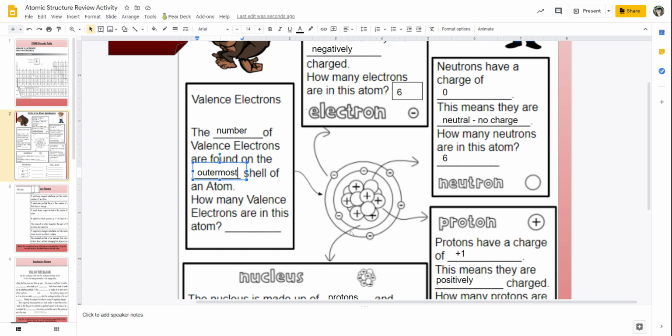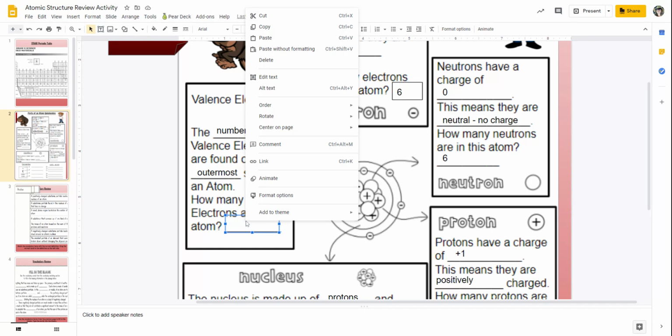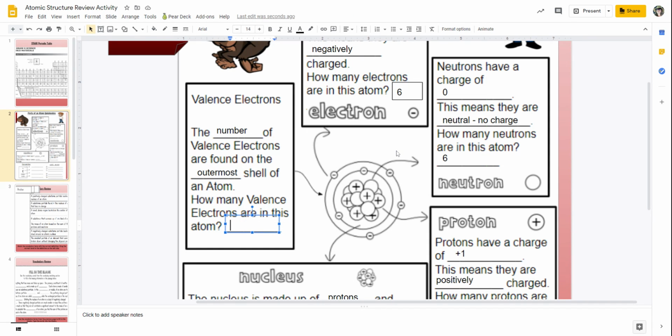Well, let's count them. Remember, we cannot count the shell closest to the nucleus. We only can count the last shell. It doesn't matter if the last shell is the first shell, the second shell, the third shell. Whatever the last shell is, by counting the electrons that are on that shell, we know the valence. So this has 1, 2, 3, 4 electrons on the outside shell. So on this one, the valence is 4.